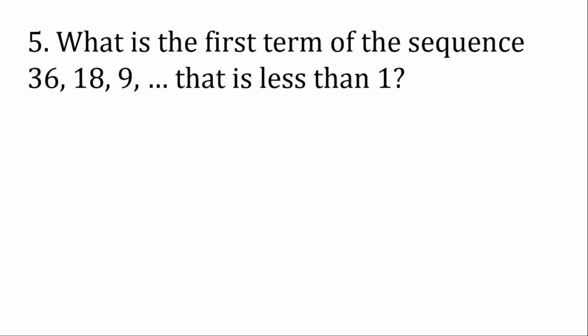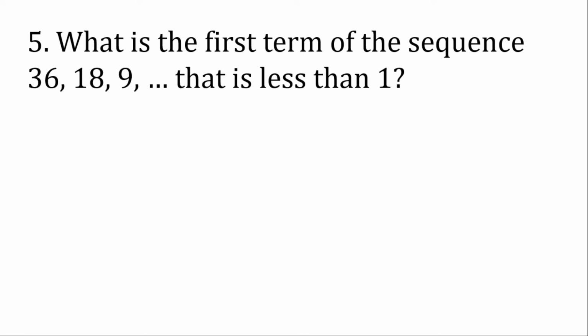Now problem number 5. What is the first term of the sequence 36, 18, 9, and so on, that is less than 1? Now, this is somewhat confusing, but this is a geometric sequence. Later on in the next practice problems, we're going to encounter that kind of sequence.